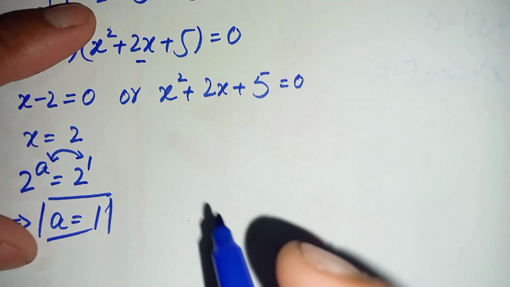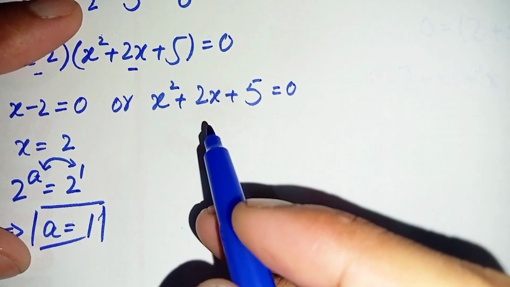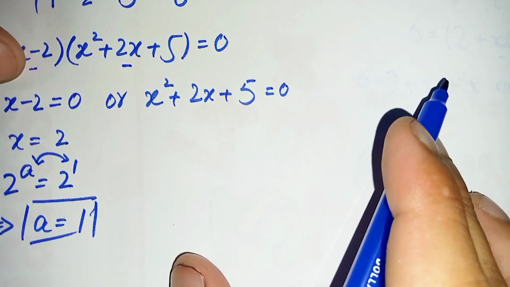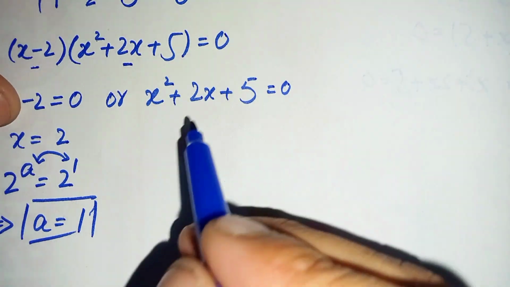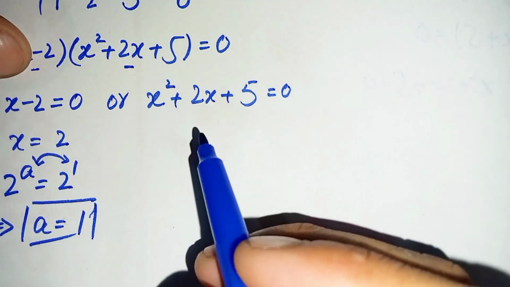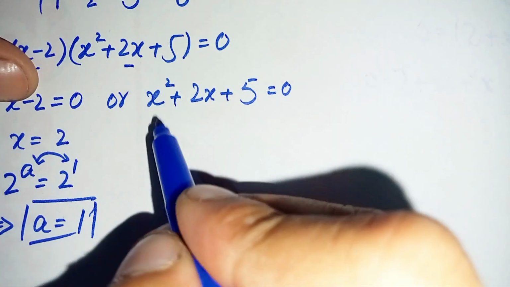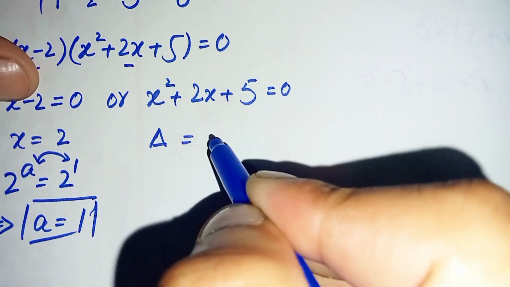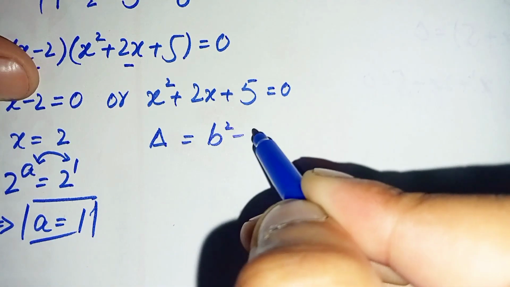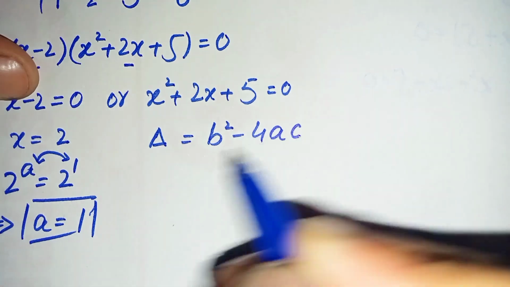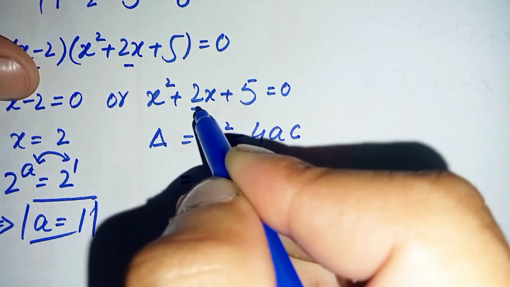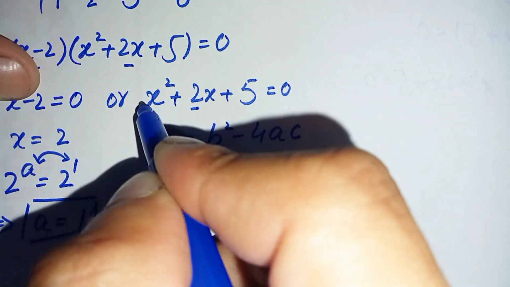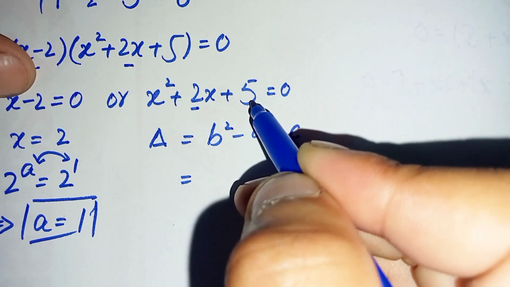Now here we will try to solve this quadratic equation. To solve this quadratic equation, first we will check whether the roots of this quadratic equation are real or imaginary. So for that we will use the discriminant formula, which is b square minus 4ac. Here b is 2 and a is 1 and c is 5.